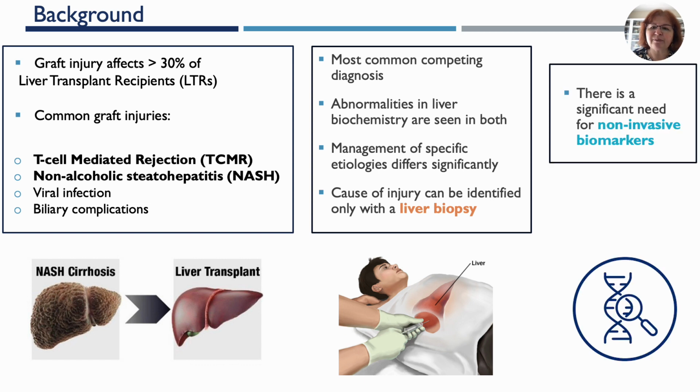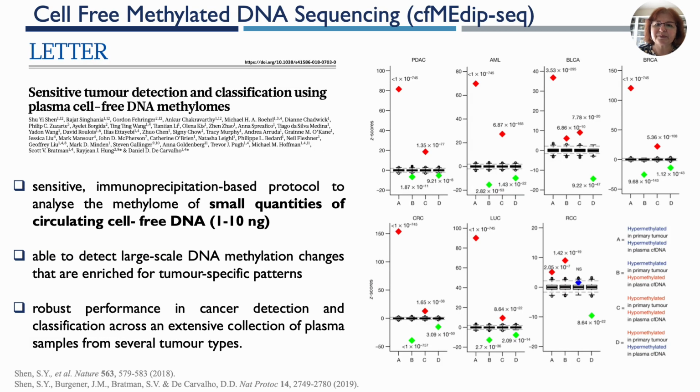Several non-invasive markers, such as images or serum biomarkers, exist, but most of the time their sensitivity and specificity is low, and in case of serum biomarkers, they cannot distinguish between different stages of NASH, for instance. Also, donor-derived cell-free DNA tells us there is a graft injury, but not the cause. Therefore, there is a significant need for non-invasive biomarkers.